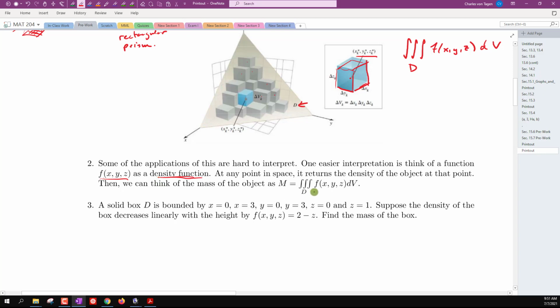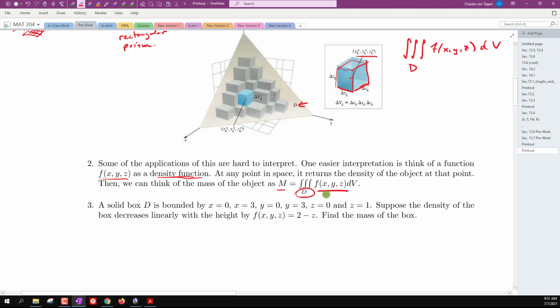And so if you were to compute the triple integral over that density function throughout your whole region D, then you could think of this as outputting the mass of that region. And we might have many other applications for our triple integrals. If you're ever lost for an example, use this example of computing the mass of an object based on a function f that at each point in space tells you the density of that object. And computing that triple integral is then equivalent to finding the mass of that object over the entire region.